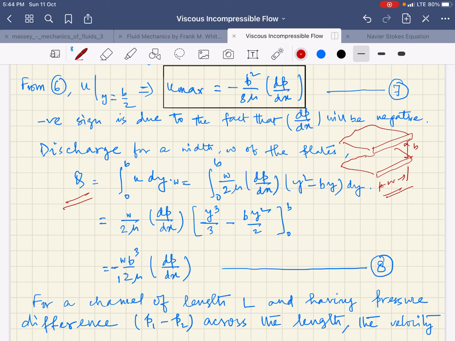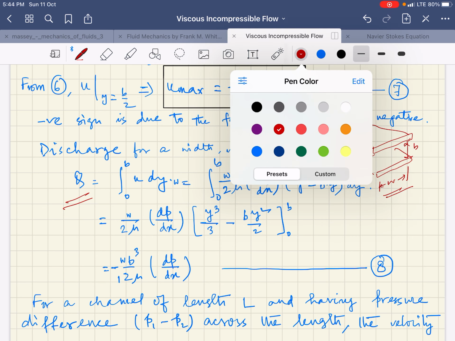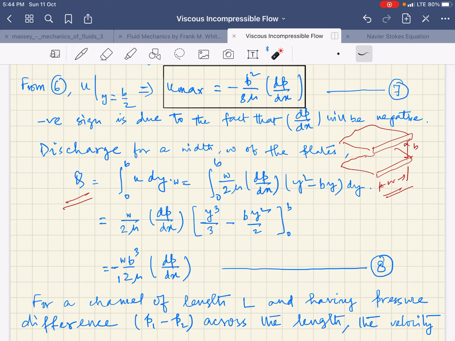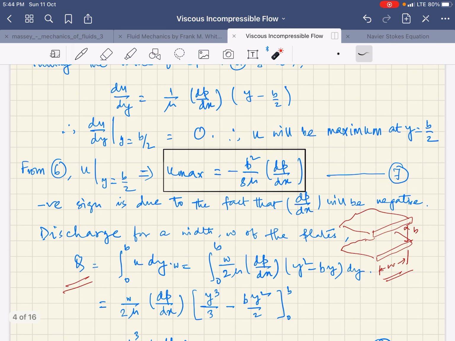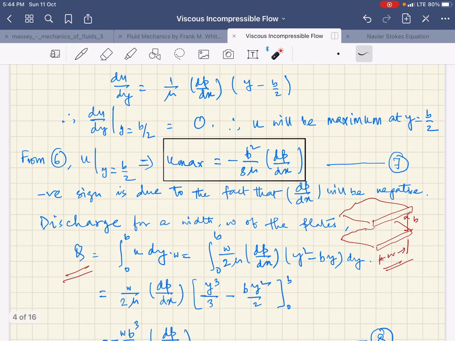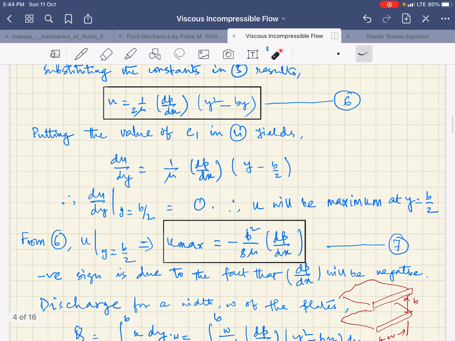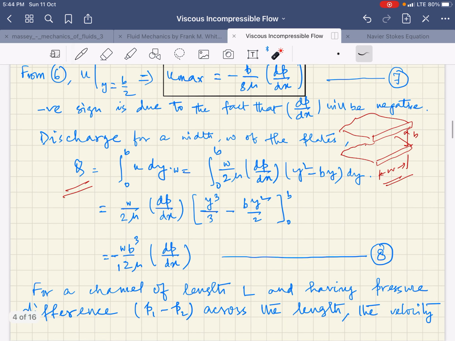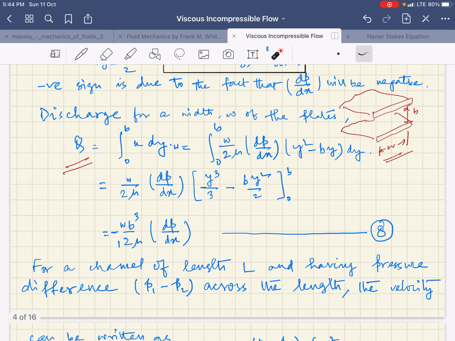Anyway, here we are considering this width to be w, so we can write Q equals integration over 0 to b, because my velocity is a function of y, and y varies from 0 to b. That is why my integration limit is 0 to b.